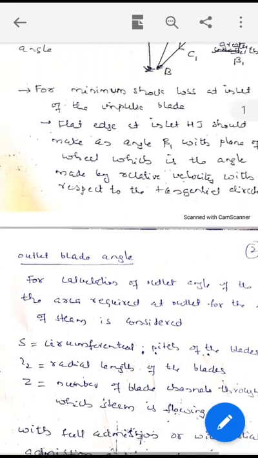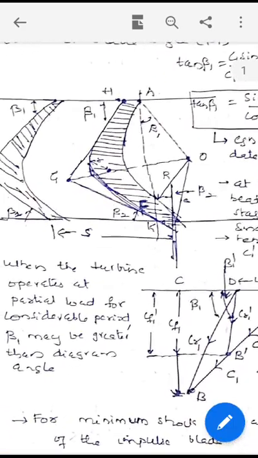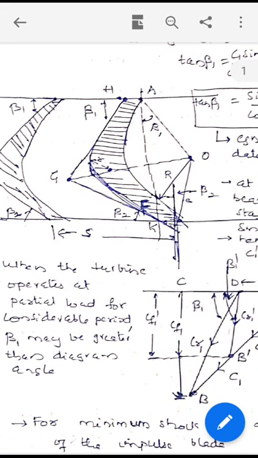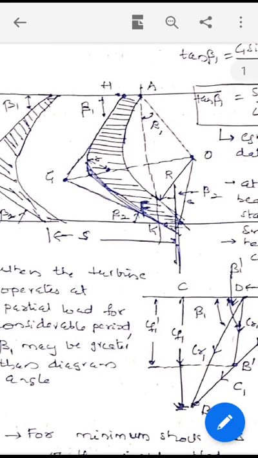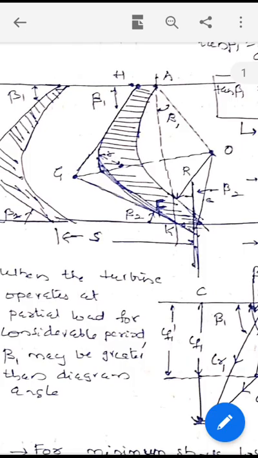Now, outlet blade angle. For calculating the outlet blade angle, the area at the outlet of the blade should be considered. If S is the circumferential pitch of the blades, then the width of the blade channel will be equal to S sin beta 2 minus T. T is the thickness of the blades.